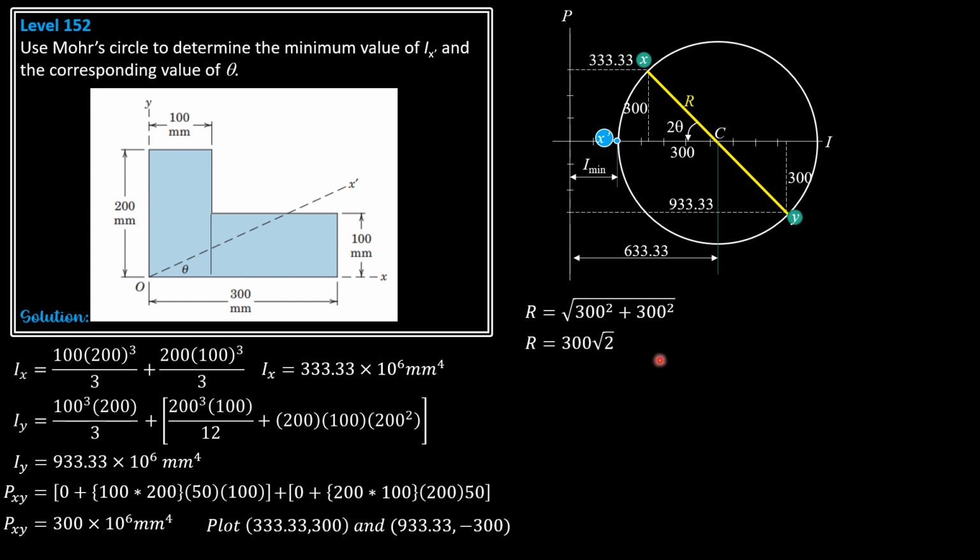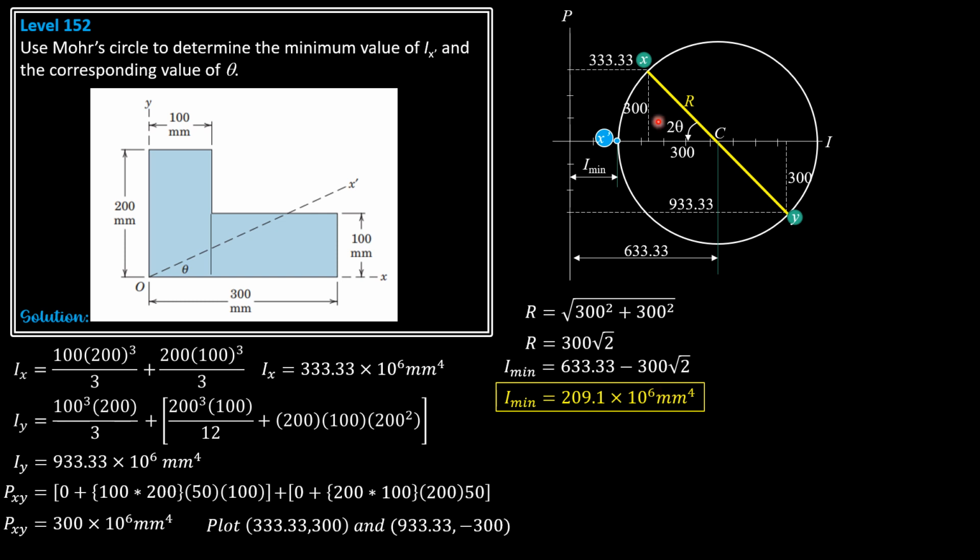So minus the radius. So Ix prime or I minimum is equal to 633.33 minus 300 square root of 2, or the radius. So from C to this point along the x prime axis, I minimum can now be computed, which is Ix prime, and it is equal to 209.1 times 10 to the 6 mm to the fourth.